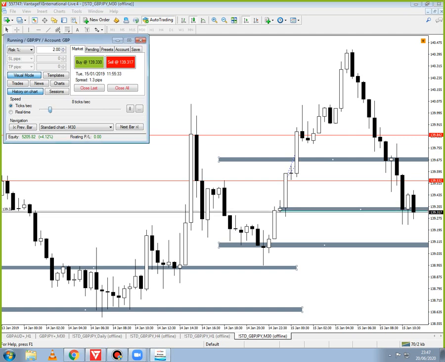Go ahead and just speed this up a little bit. Maybe I'll try and pause it if the candle starts breaking below this area.